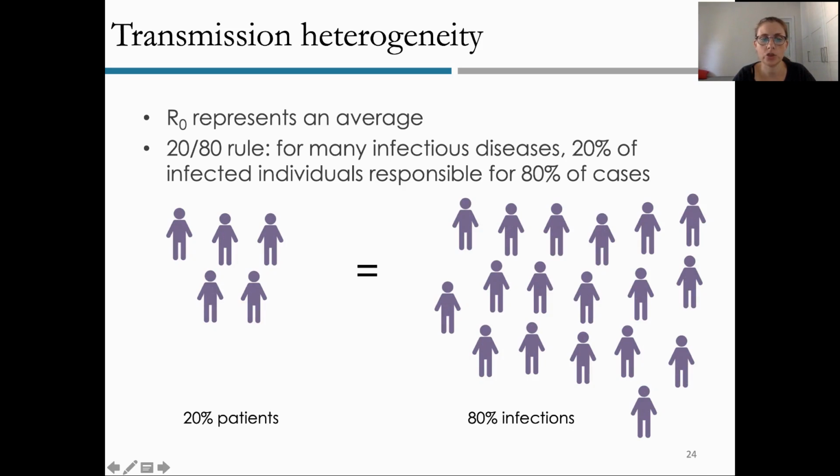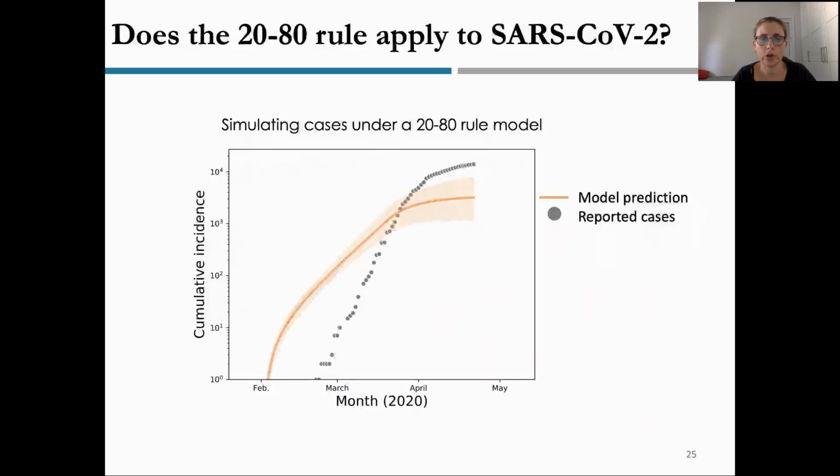And this is in this illustration, okay? 20% of patients are responsible for 80% of infections. This rule somehow turns out to be true for a really large number of viruses and bacteria. It's very interesting in itself why this is so, but it turns out that this is so for many, many different viruses. And so initially we implemented this rule. We thought this is probably going to be true for SARS coronavirus 2.